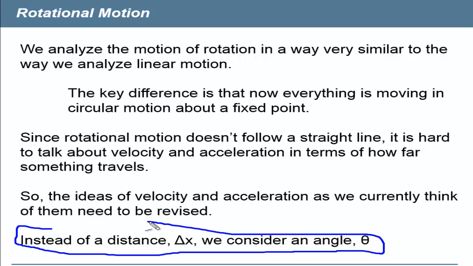And so we have an angular displacement. So instead of a linear displacement, a delta x, we'll consider an angle, theta, or more specifically, a change in angle, or a delta theta, for rotational motion. And that's really the key difference between linear motion and rotational motion.